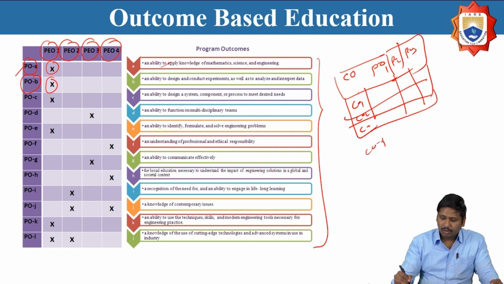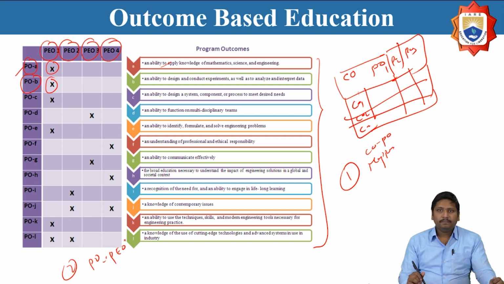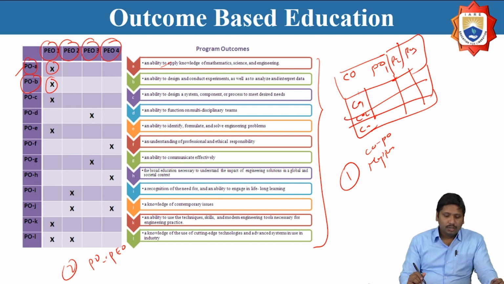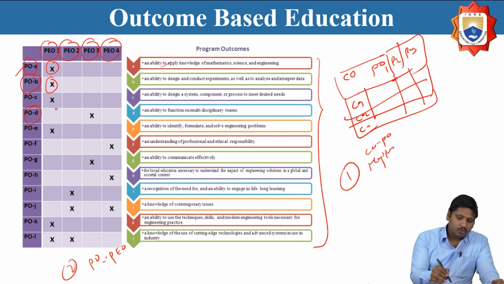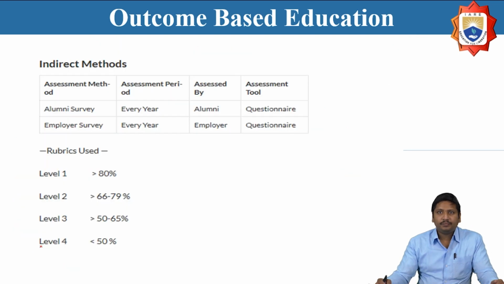This should be CO-PO mapping. So this is the initial step, and the second step should be PO and PO mapping, right? So how we are going to map CO-PO and PO-PO mapping, for each and every PO you have to identify.